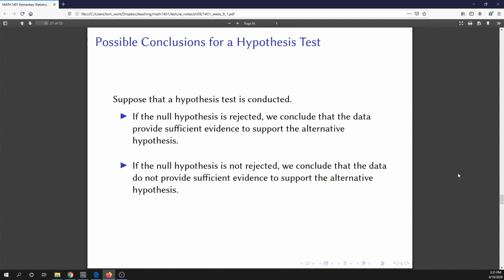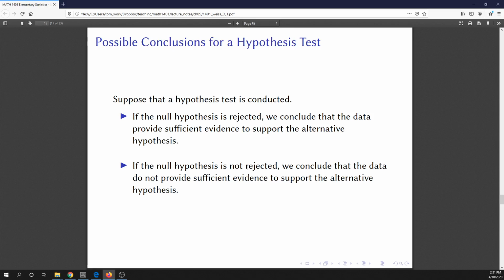So the possible conclusions for a hypothesis test are, first, that the null hypothesis is rejected, and what we'll conclude is that the data provides sufficient evidence to support the alternative hypothesis. After looking at the sample data, we think it's not the null hypothesis that is true, it's the alternative hypothesis that's true. So things have changed basically.